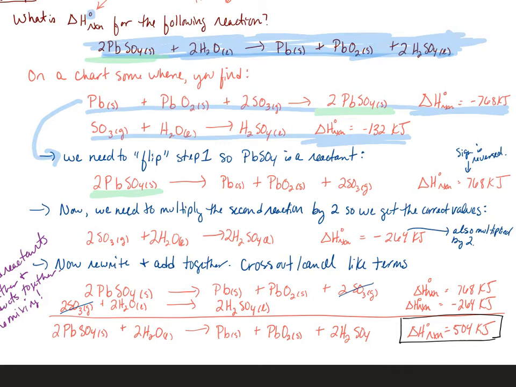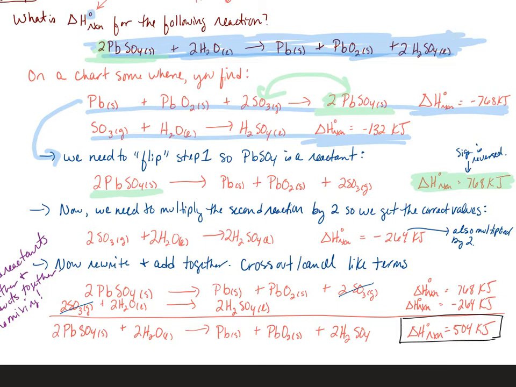And the numbers are the same because this says 2 and this says 2. So we just reverse this and take the products and reactants and flip them back and forth. So when we do that, we also have to reverse the sign here of delta H. But otherwise, we put everything else sort of like in the same situation that it would be otherwise.